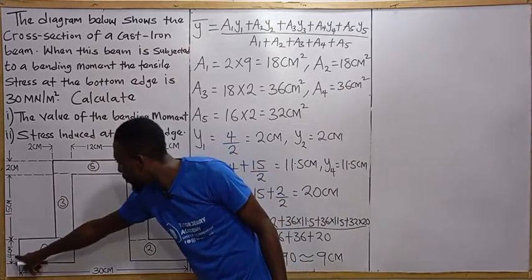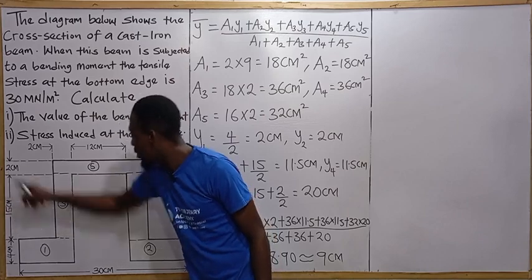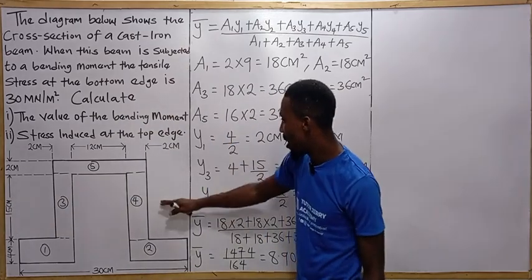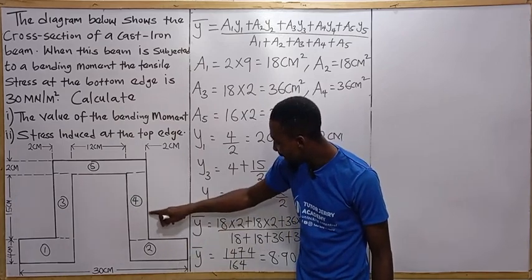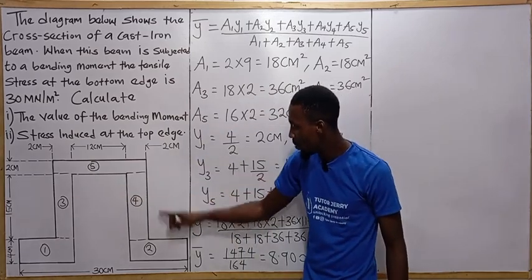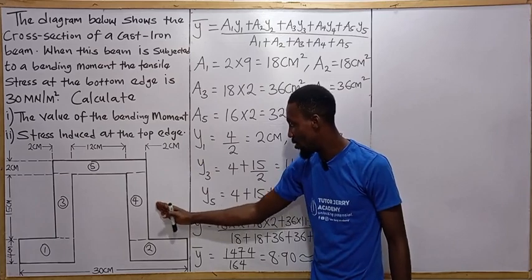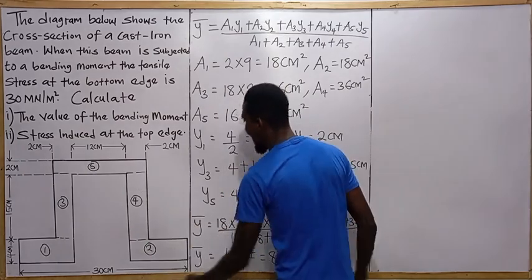And what is the whole length here? The whole length here is 4 plus 15, that is 19, 20, 21. So it shows that 9 cm from the bottom is going to be somewhere around here. If you draw the neutral axis, from the bottom to the neutral axis is going to be 9. And don't forget, the bottom part is our tension part.